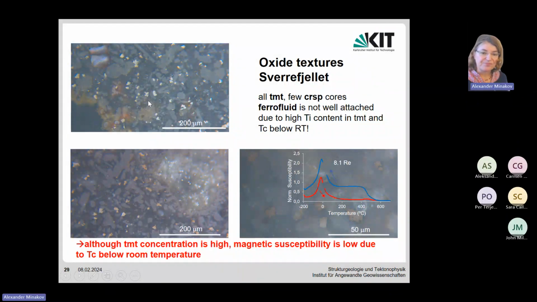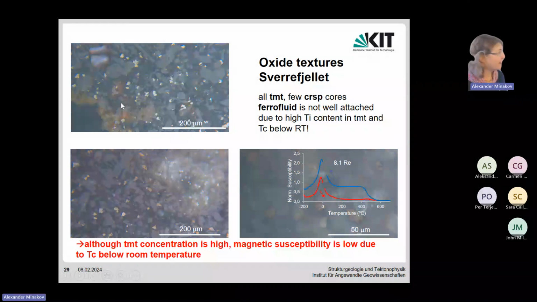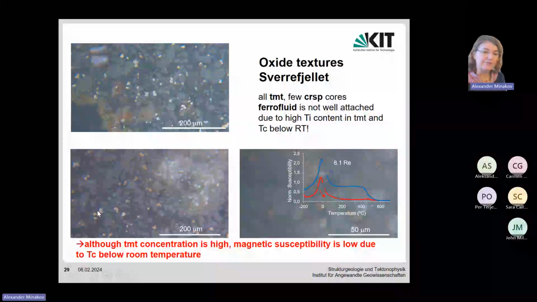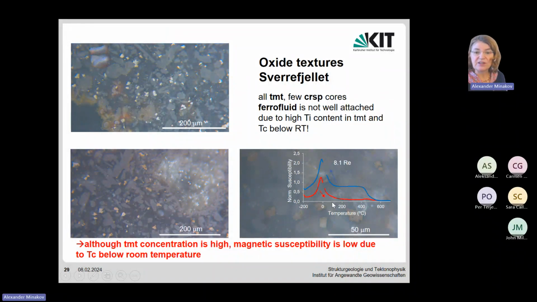And here, what is interesting, the titanomagnetite does not show the ferrofluid, only very little. And it's different in several parts. So here you don't have it. Going a little bit further on, then you see it. And remember, we have these very low Curie temperatures.